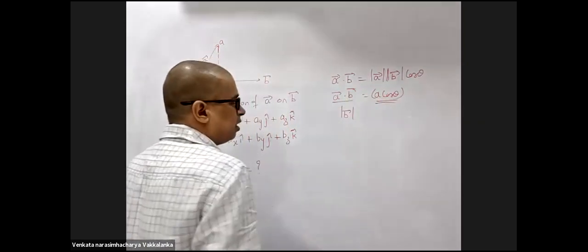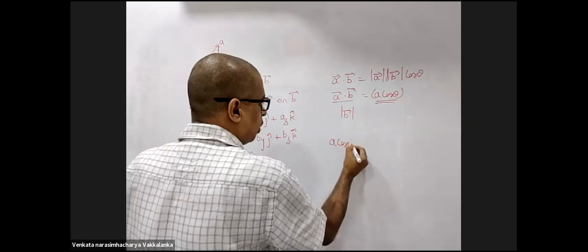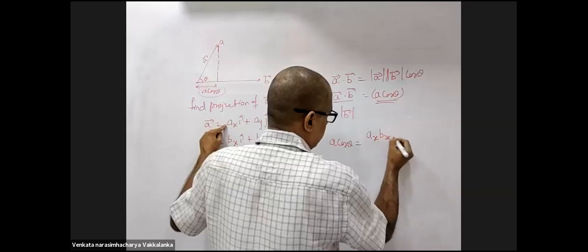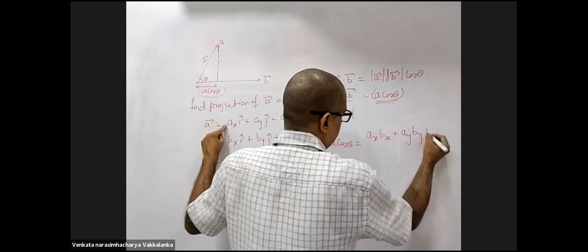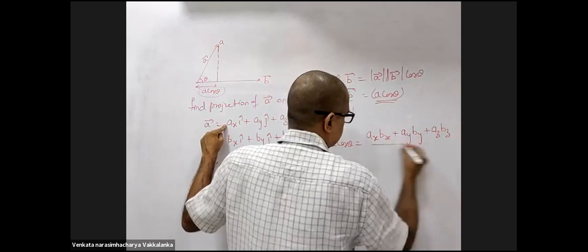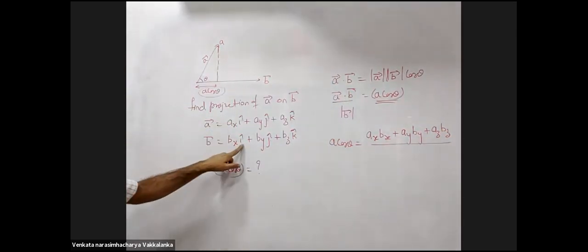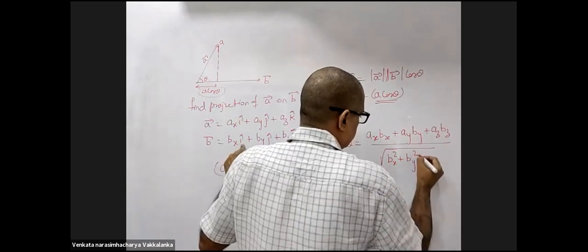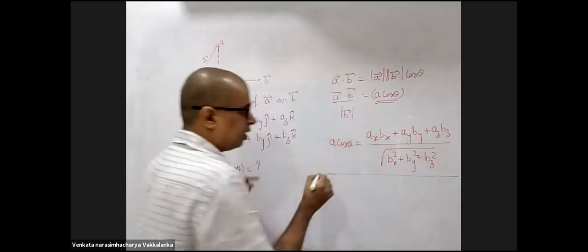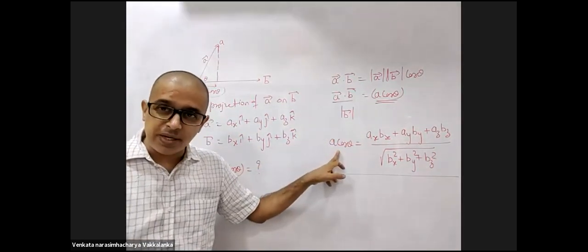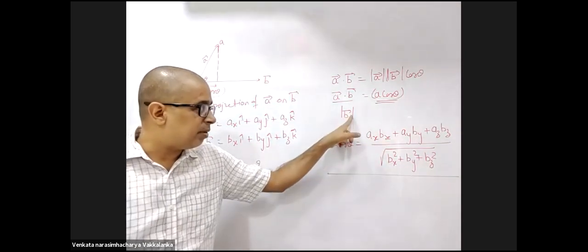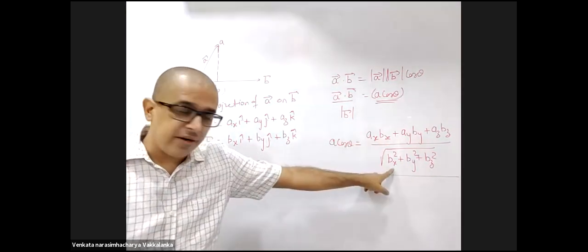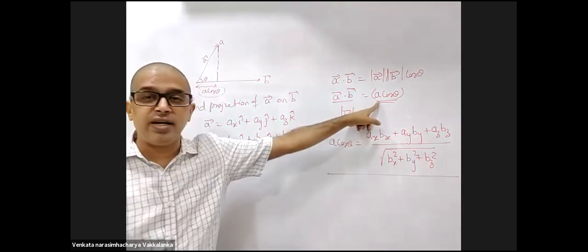A dot B by the magnitude of B. That means A cos theta will be the dot product of these two, AX BX plus AY BY plus AZ BZ, divided by the magnitude of B, root over of BX square plus BY square plus BZ square. Dot product divided by the magnitude of B, I will get A cos theta.